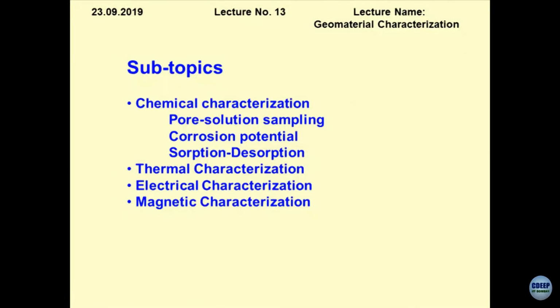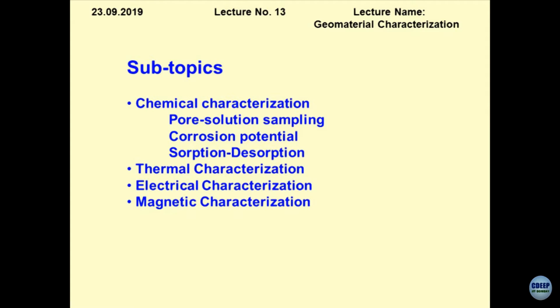And the application of the chemical characterization is best defined by the corrosion potential of the soils. In today's world, this subject has become very important, as I cited last time also.